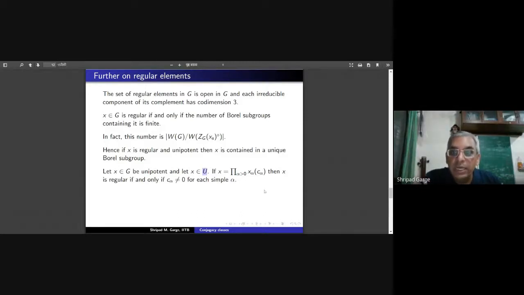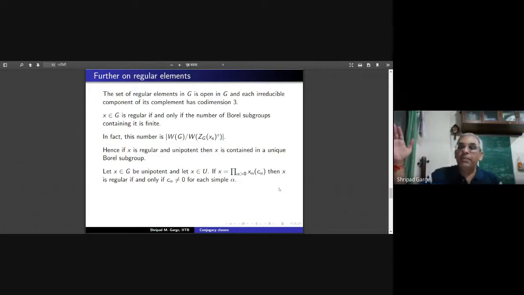So if you write your element X as a product of those root group elements, which are given by one parameter subgroups, these c alphas are elements coming from the base field, and x alphas are the corresponding one parameter maps. Then your X is going to be regular if and only if for every simple alpha, the corresponding c alpha is nonzero.